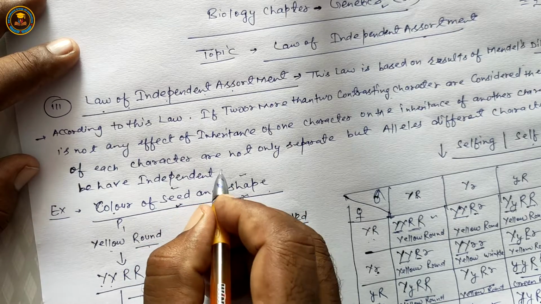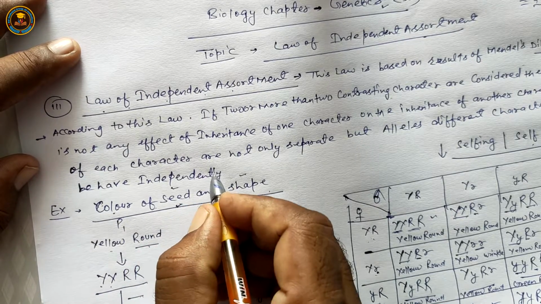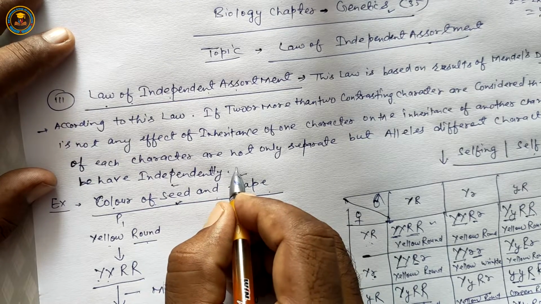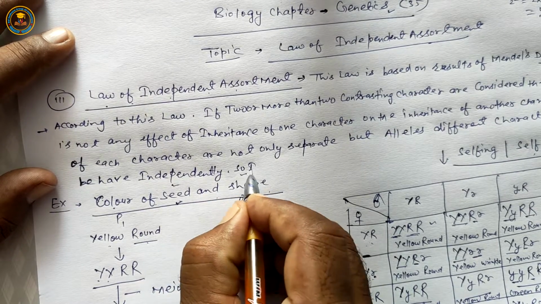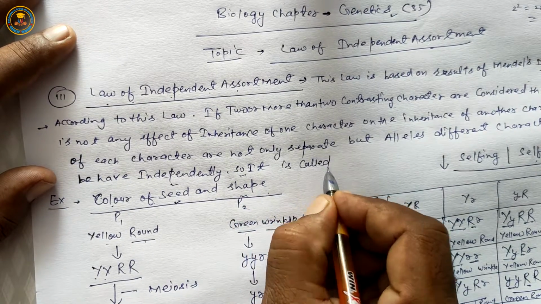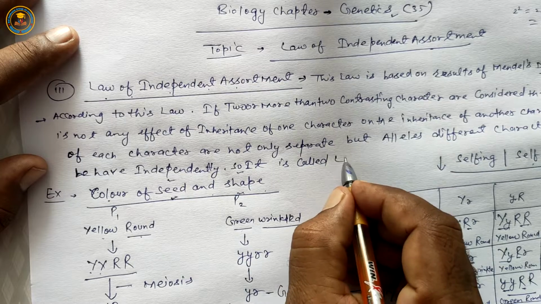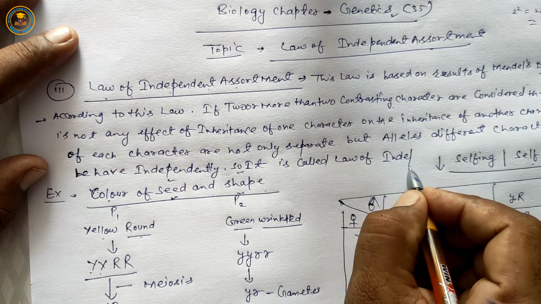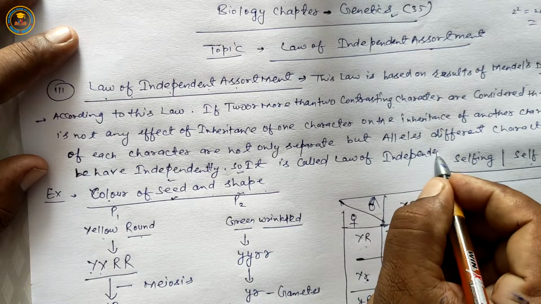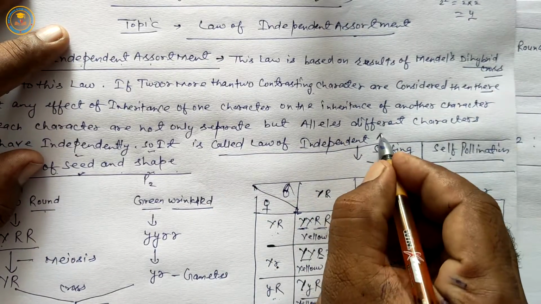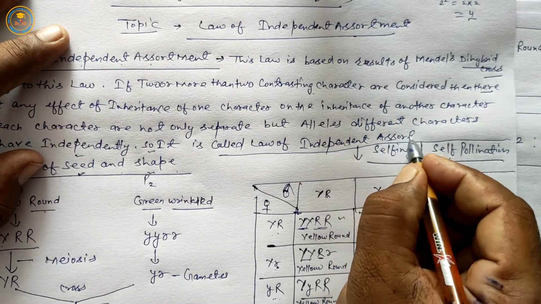It means independent. So it is called the law of independent assortment.